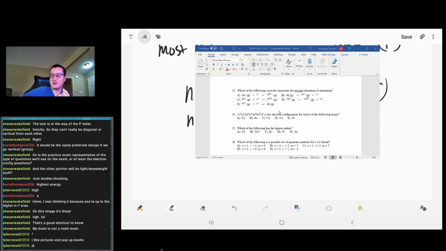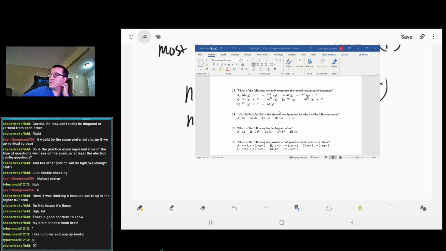Ionization is removing an electron, right? The first ionization is removing the first electron, so second ionization is removing the second electron. So yes, you are correct there.